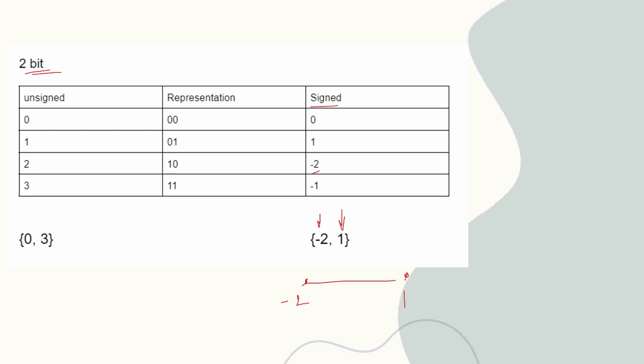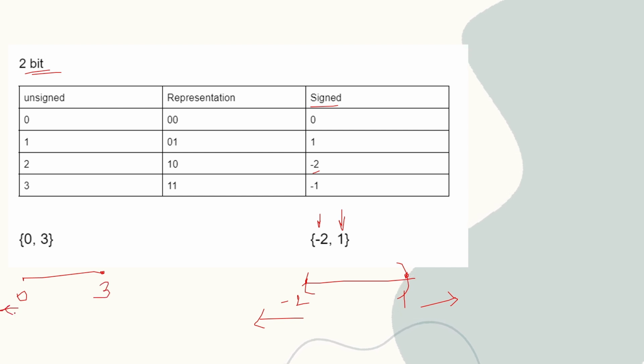You can choose only values that are in this range. You cannot go less than this or greater than this. Similarly here also, 0 and 3. Whatever values you give for that unsigned integer, you give only in this range.